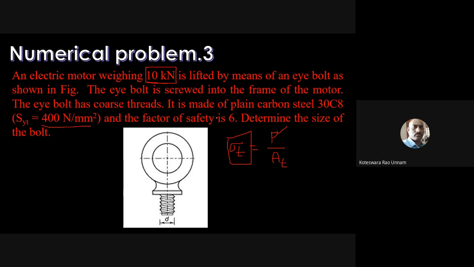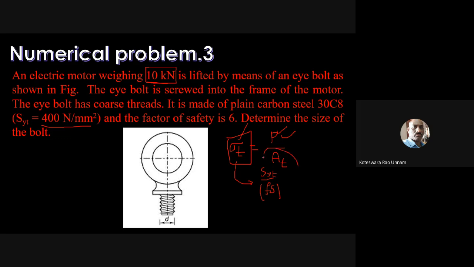If no factor of safety were used, then Syt would be your allowable stress. But here a factor of safety of 6 is used, so your allowable stress sigma T is nothing but Syt divided by the factor of safety.